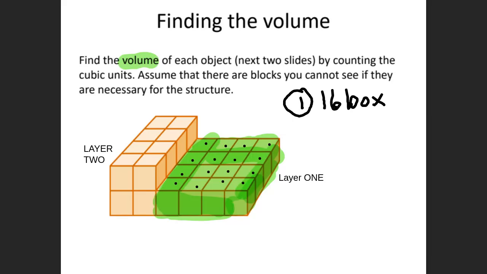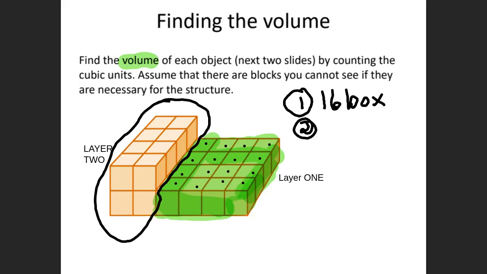Now, in this part right here, hidden below, I have green boxes. Now, I have 1, 2, 3, 4, 5, 6, 7, 8.